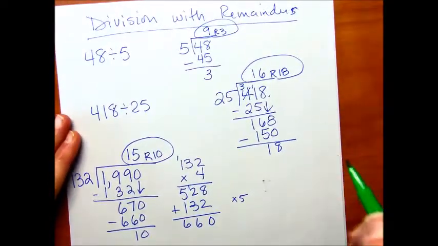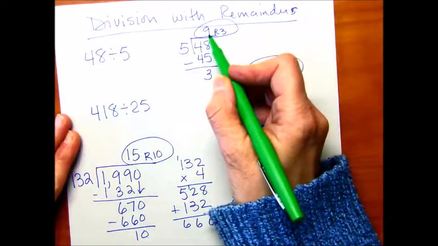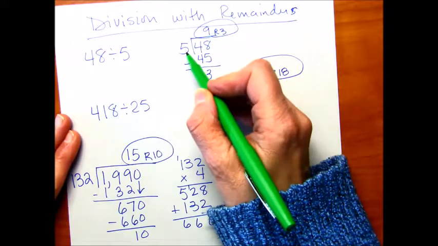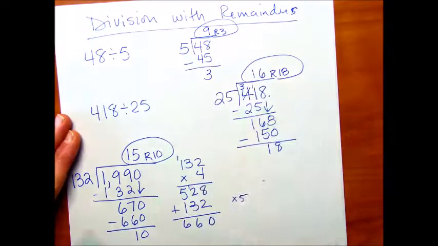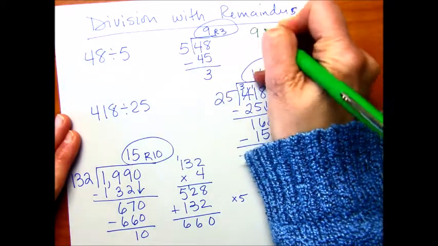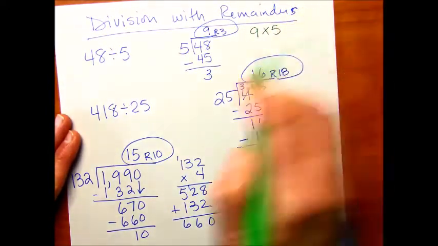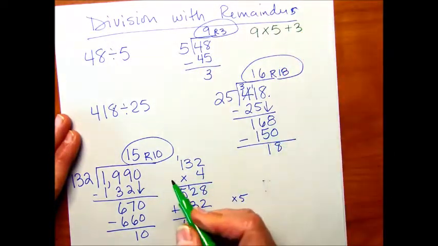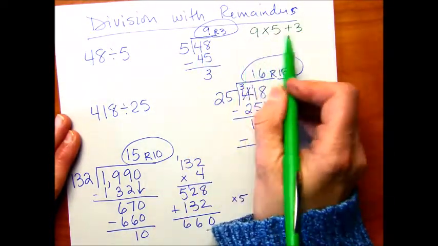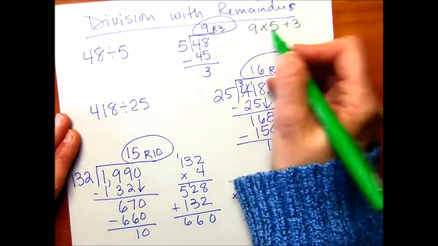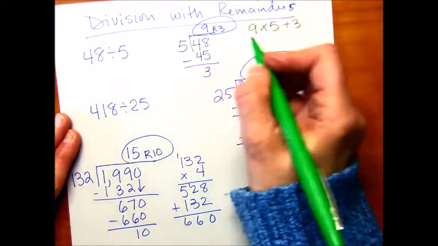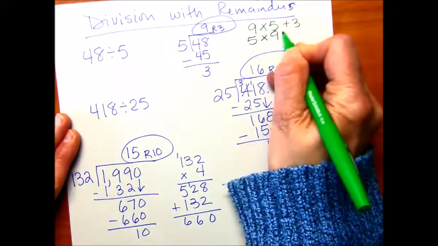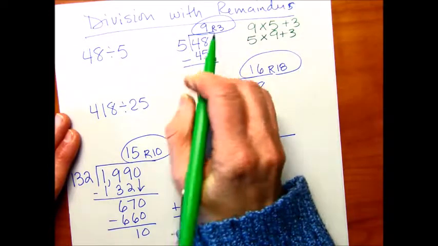All right. So if we take our quotient, not including the remainder, and multiply it by the divisor, so if we go 9 times 5, and then we're going to add the 3. Maybe if you want to rewrite it so it makes more sense, you have the 5 first and then the 9 plus 3, because this is together.